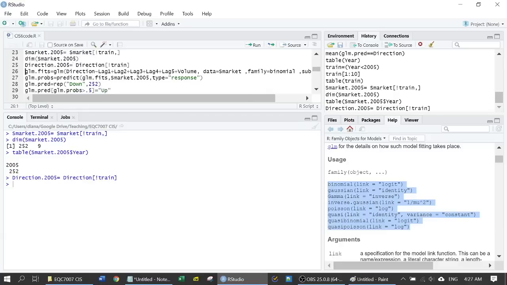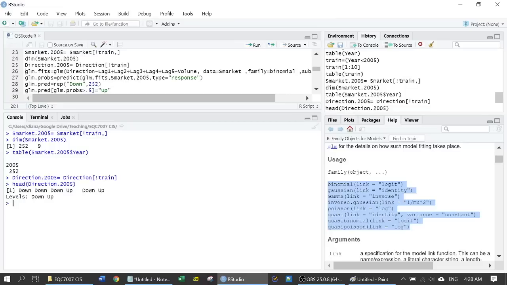Then we're going to have a new variable, Direction.2005, which is a new vector, equal to the direction when train is false, which means this is the direction for the year 2005. You can type in head of Direction.2005, and the first 6 observations are down, down, down, up, down, up.